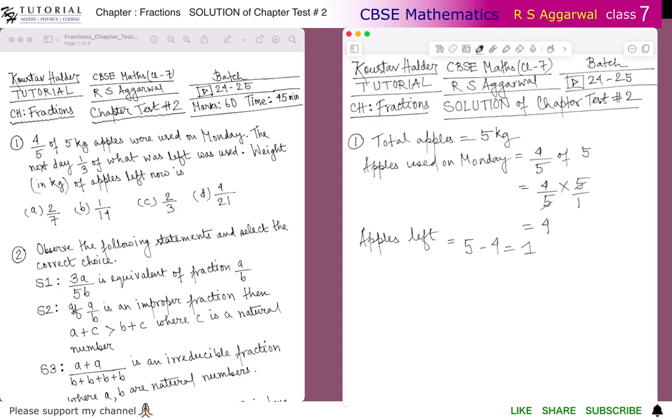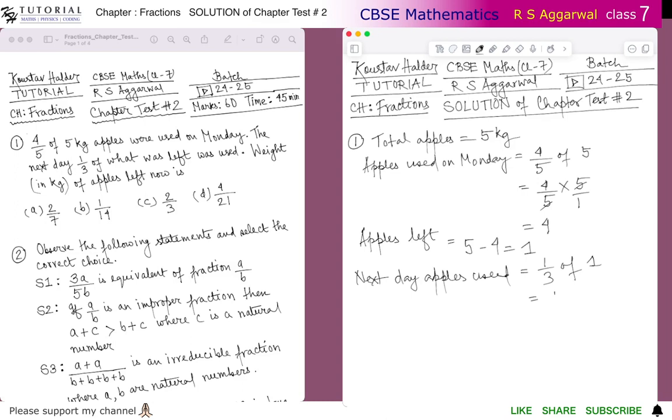Now it says that the next day 1/3 of what was left was used. So next day apples used is equal to 1/3 of what was left. The left was 1.